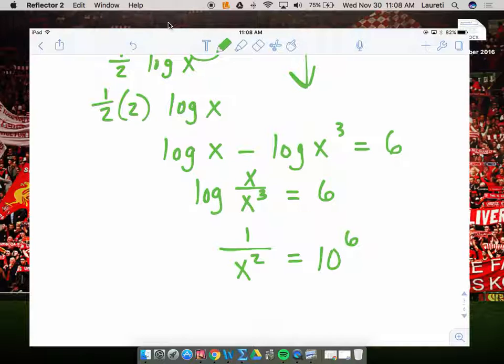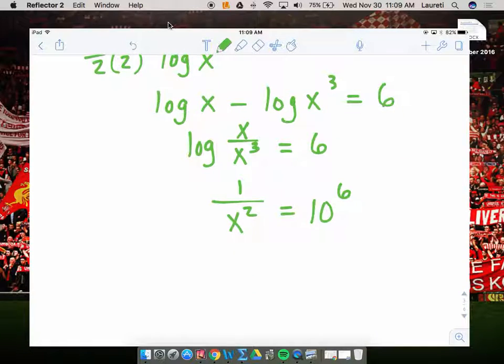So what you guys can actually do, if you ever see something like this, if you take the reciprocal of that, what does that give you? x squared over 1, right? So if you flip this, you'd have to flip the other side too. So that turns into 1 over 10 to the 6.